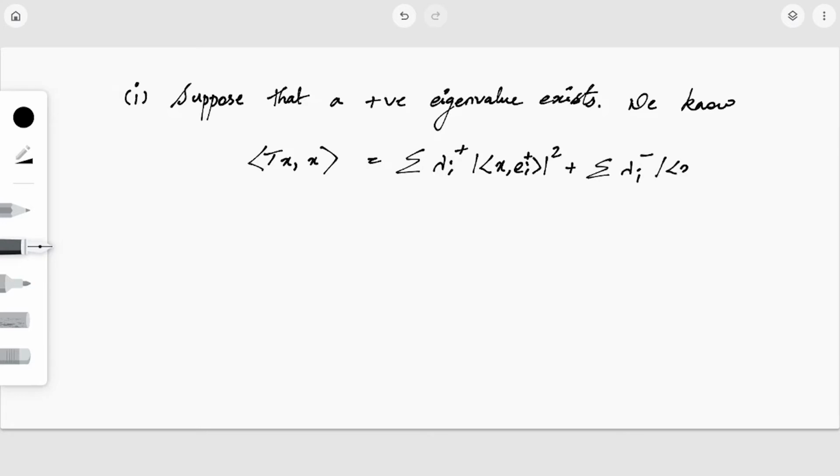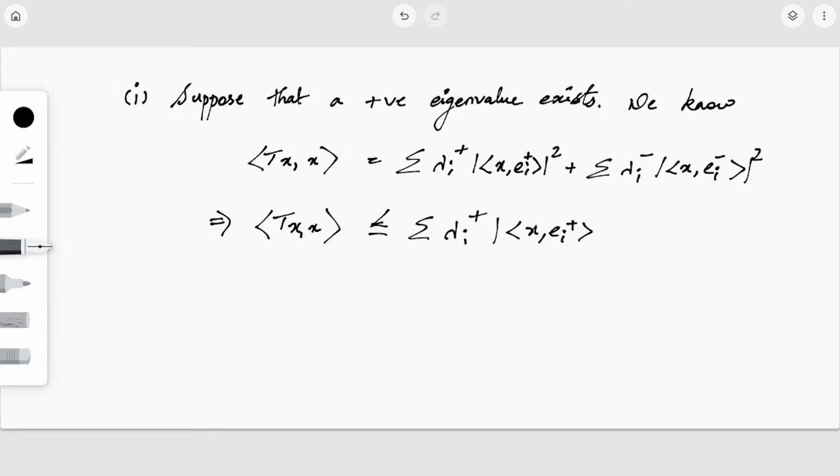This is how we had expressed ⟨Tx, x⟩, as a sum of positive and negative eigenvalues. Now ⟨Tx, x⟩ is equal to this. Now can I write that ⟨Tx, x⟩ will be less than or equal to the summation of λᵢ⁺ into ⟨x, eᵢ⁺⟩ whole square?